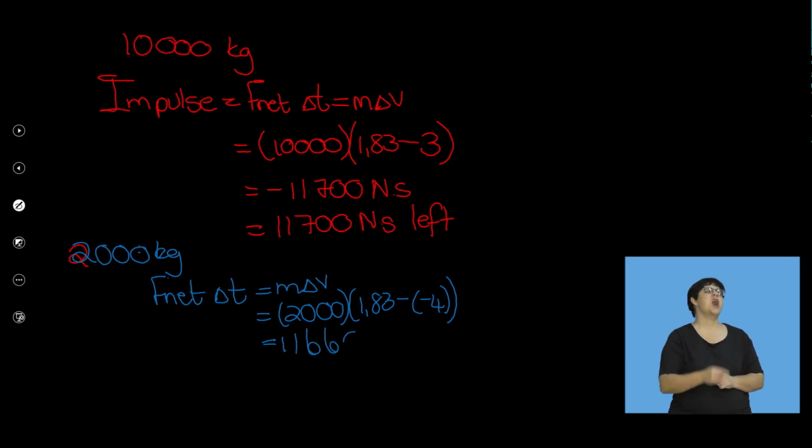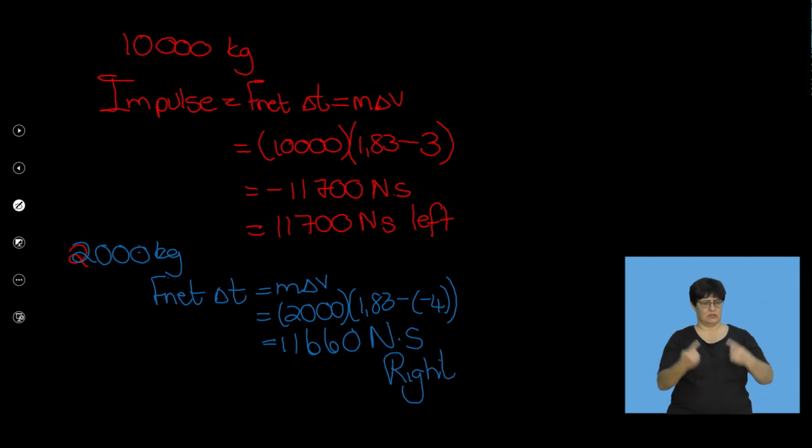And I can hear what you're saying to me. Now you're going, but those aren't the same values. One's 11,700, one's 11,660. Aren't they supposed to be the same? Absolutely, they're supposed to be the same.